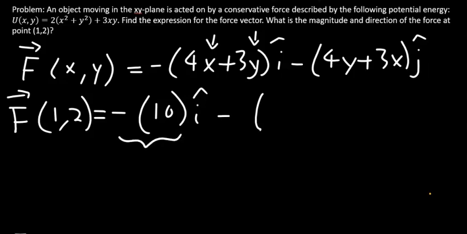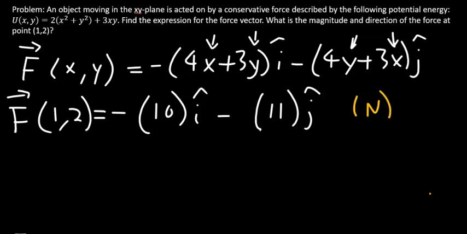So minus 10 is your x component. Now let's do the y component. y is 2, so that's going to be 8. x is 1, so that's going to be 3. So 8 plus 3, so that's 11 j hat. So the y component is minus 11. We note the unit is newtons.